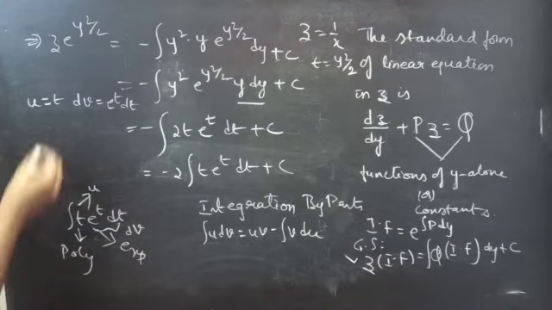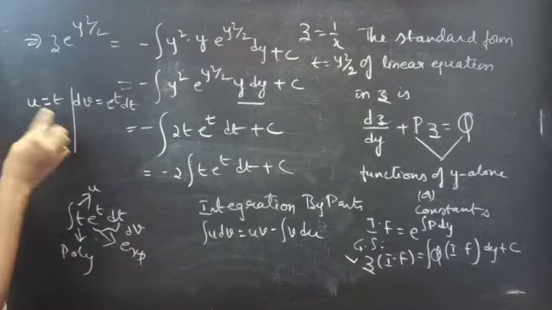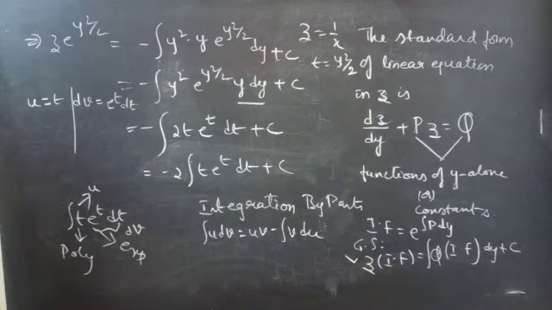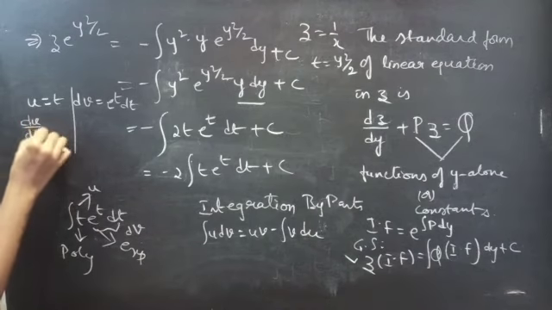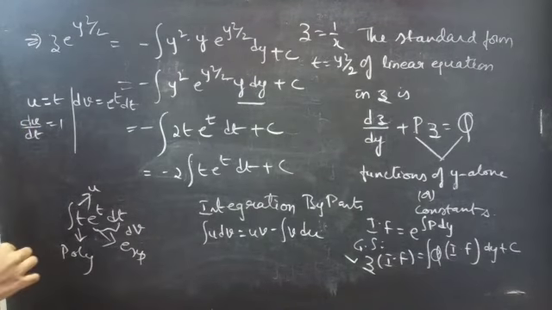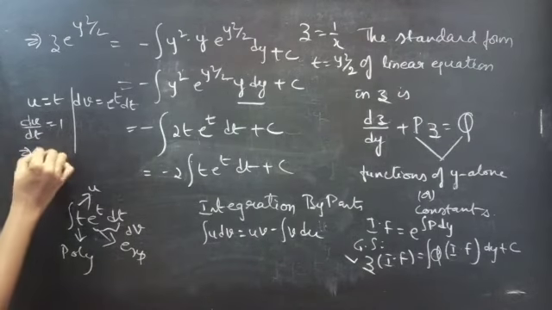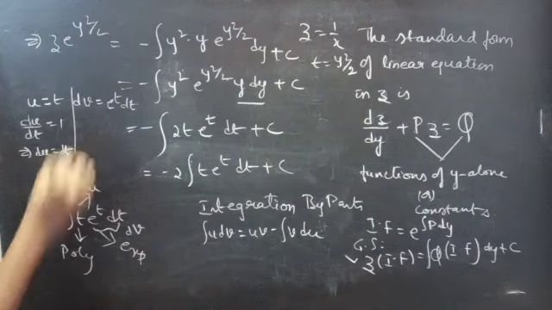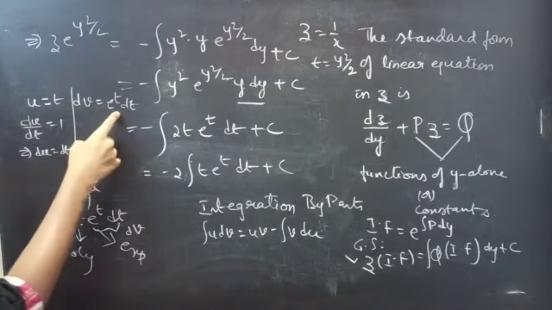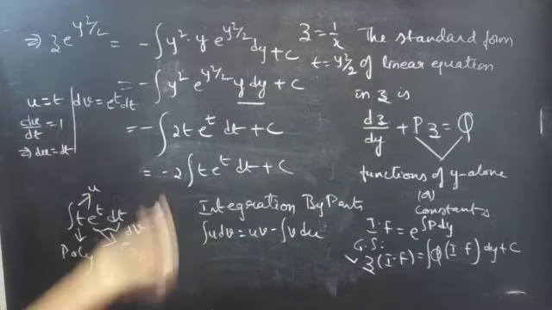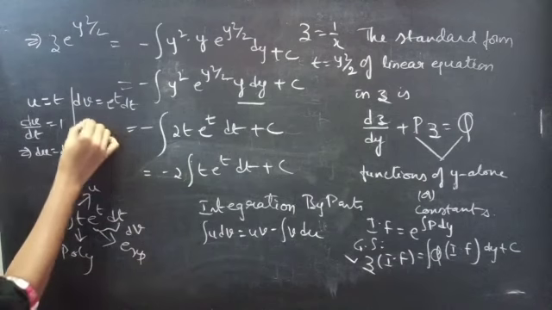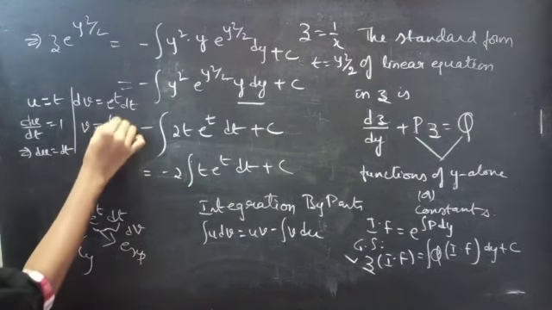Now differentiate on both sides with respect to t, then from this we'll get du equals dt, and integrate on both sides to get v, then you'll get v equals e power t.